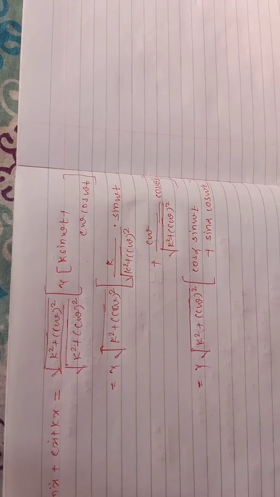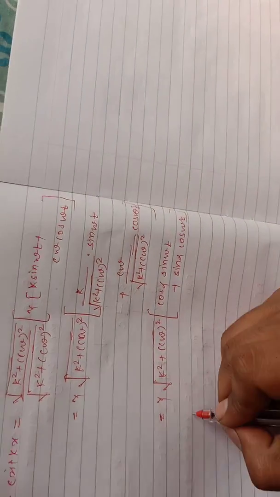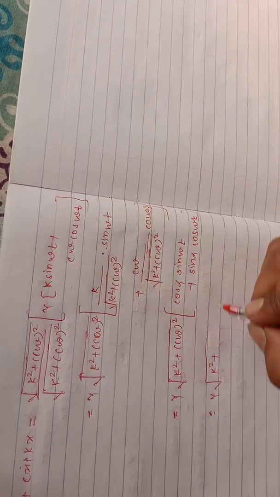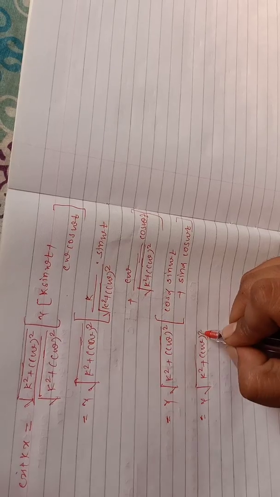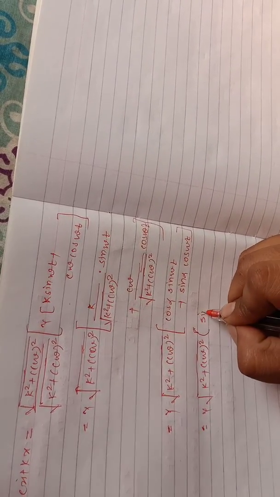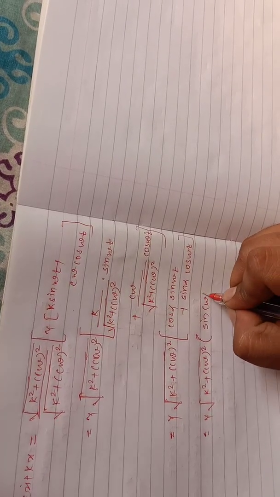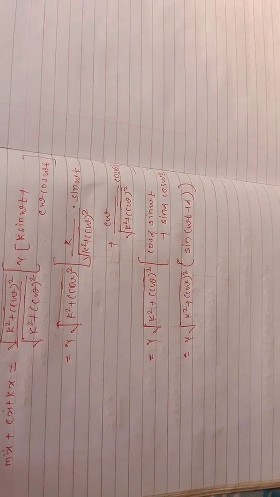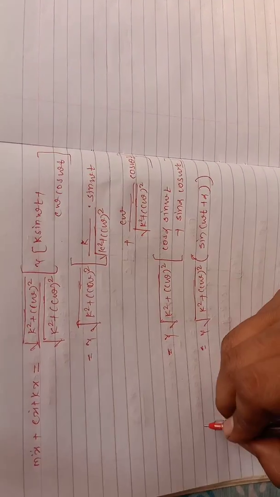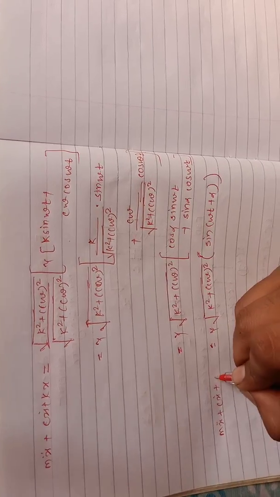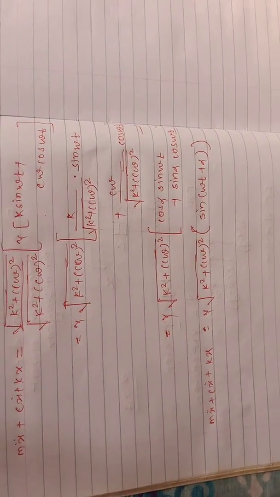And this relation we can write as Y square root of k square plus (c omega) square into bracket sin of (omega t plus alpha). So that will be the expression m x double dot plus c x dot plus k x.